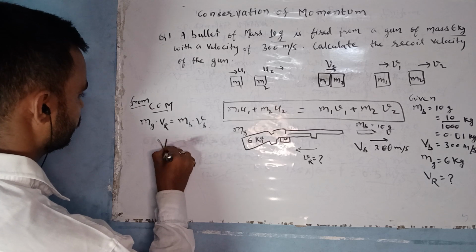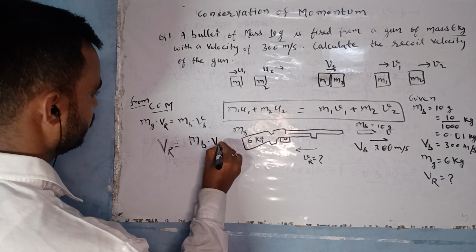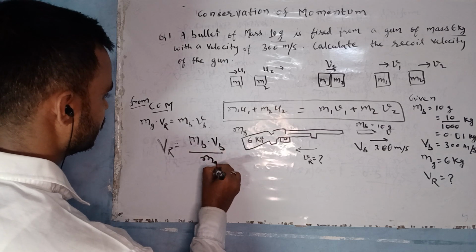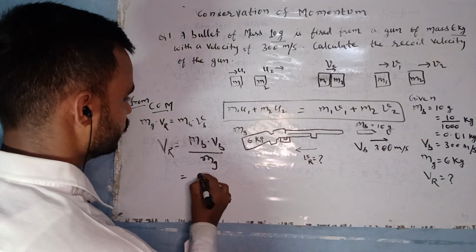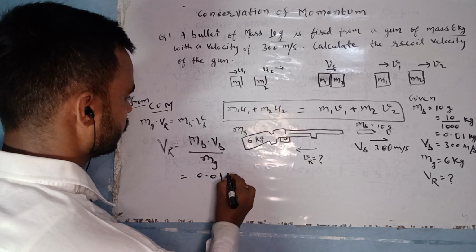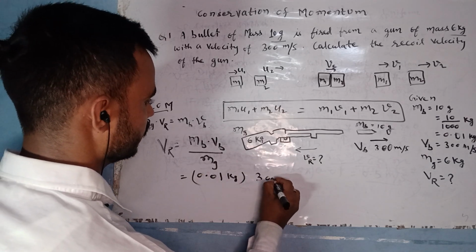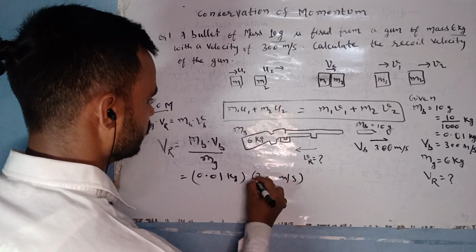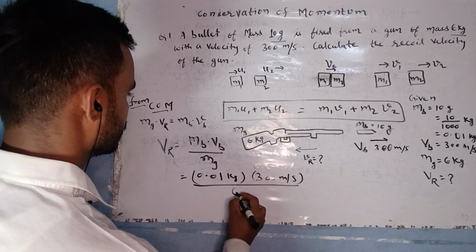vr equals mv into vv upon mg. So mv is given, 0.01 kg, into vv, which is 300 meter per second, and mg is 6.